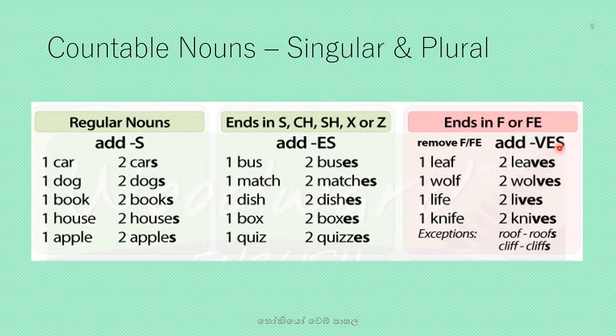As an example, leaf, leaves. We remove this F and add VES. So F gets replaced by V and we add ES.